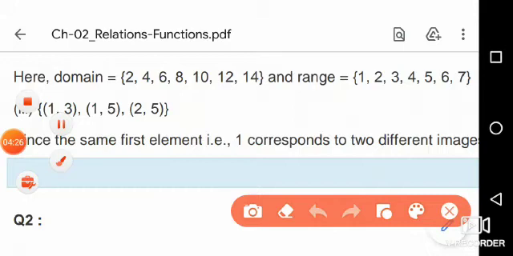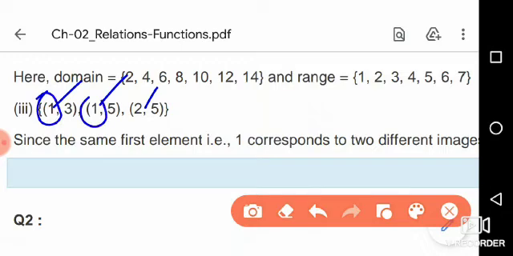This is a set containing the ordered pairs 1, 3, 1, 5 and 2, 5. In this case, we observe that in the domain set, 1 has 2 images, 3 and 5, and 2 has an image 5.